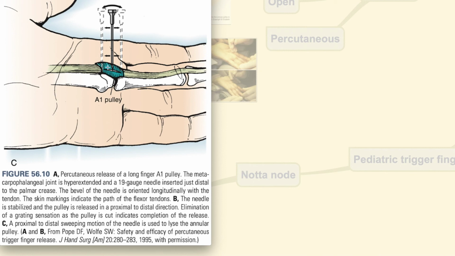Elimination of a grating sensation as the pulley is cut all through the A1 pulley will indicate that the release has been completed. And a proximal to distal sweeping motion of the needle is used to release the annular pulley.